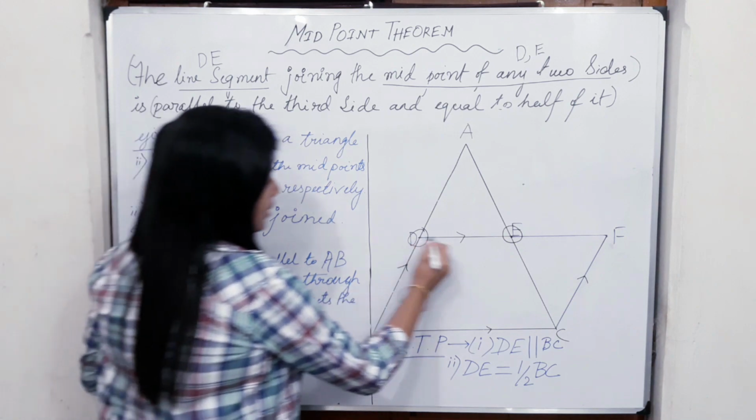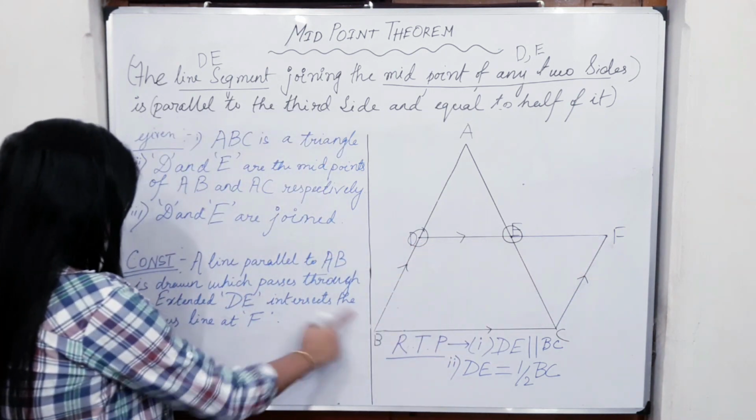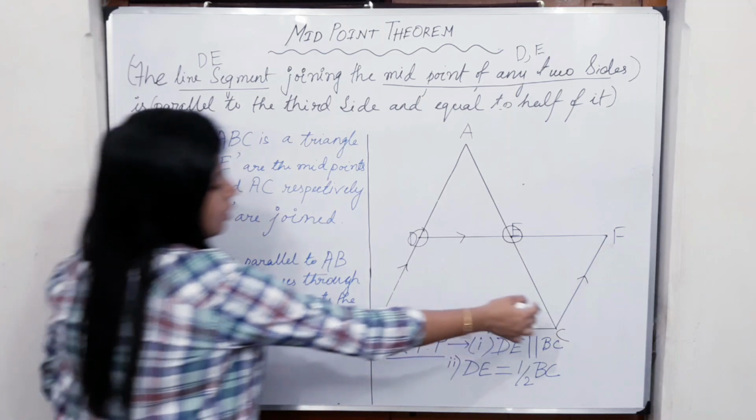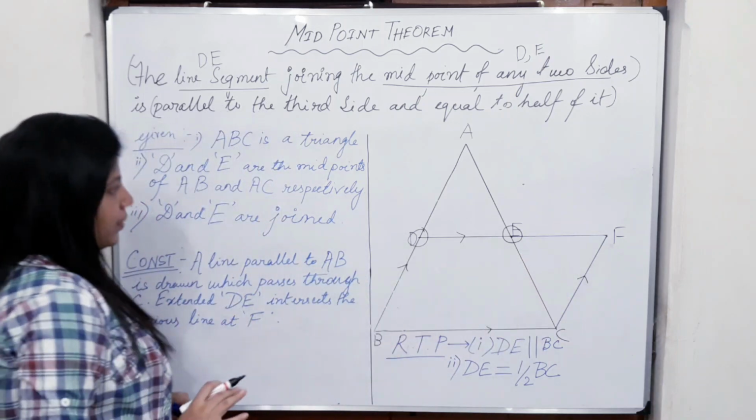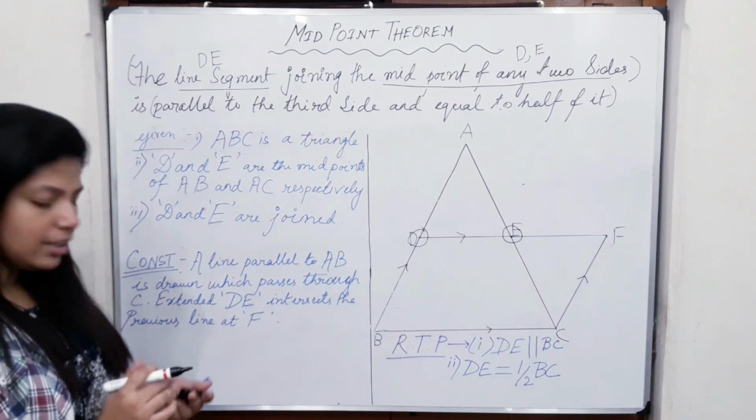Extended DE intersects the previous line at F. So given, RTP, construction done.